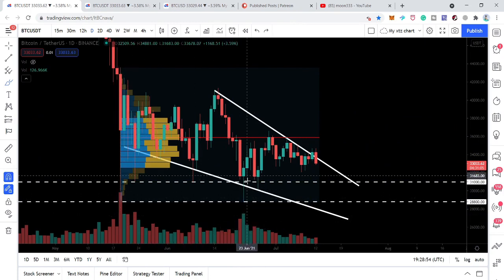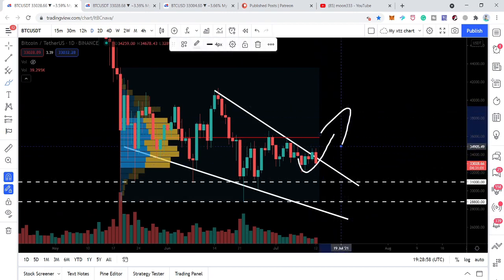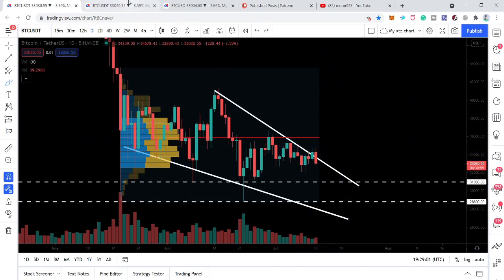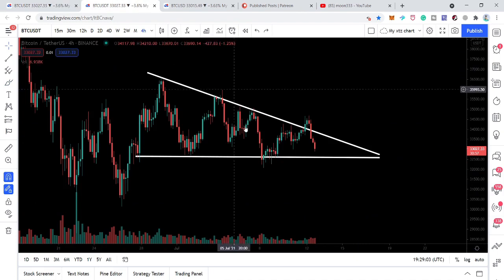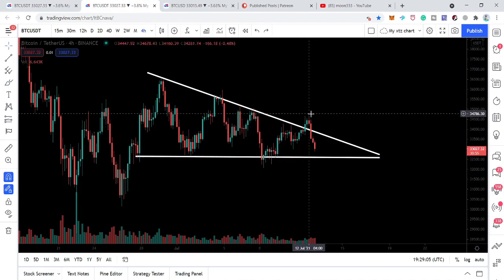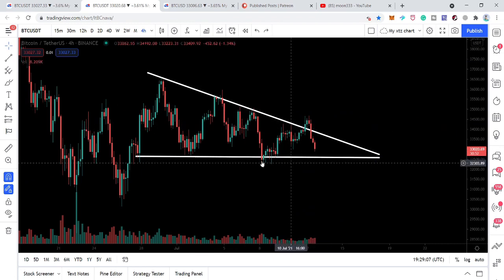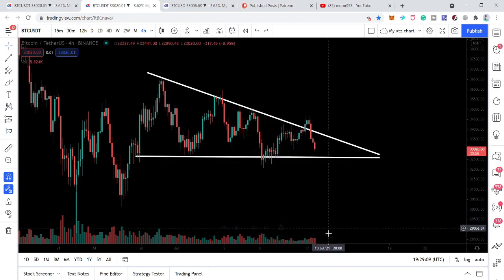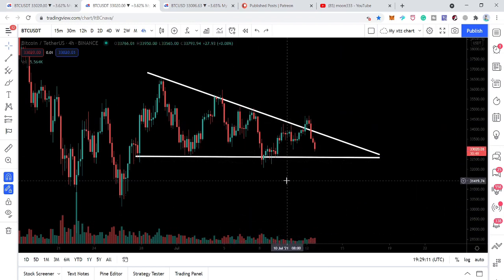We will need a powerful buying volume in order to have a successful breakout. And for any kind of breakdown, we also need a powerful sell volume. For example, at this time we are having rejection by this resistance, but there is not a powerful sell volume that is supporting any kind of breakdown towards the downside.